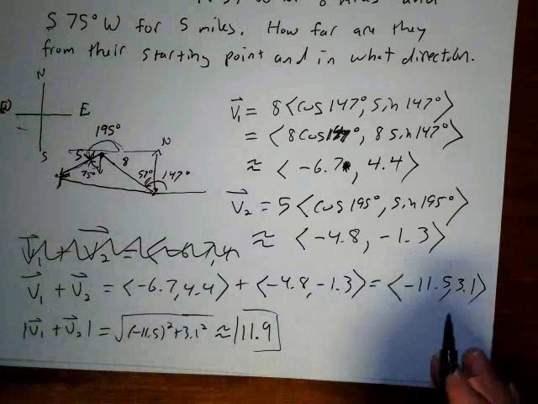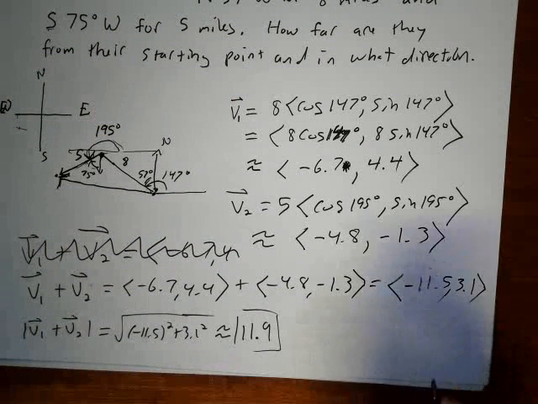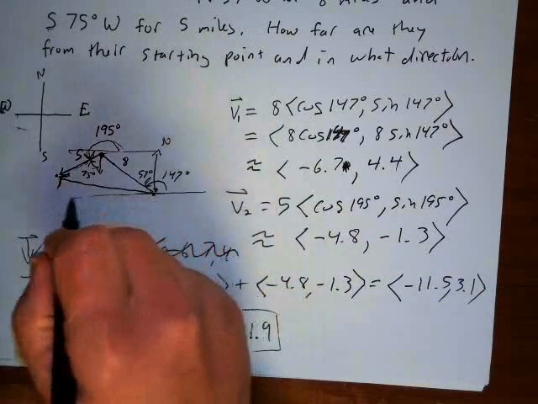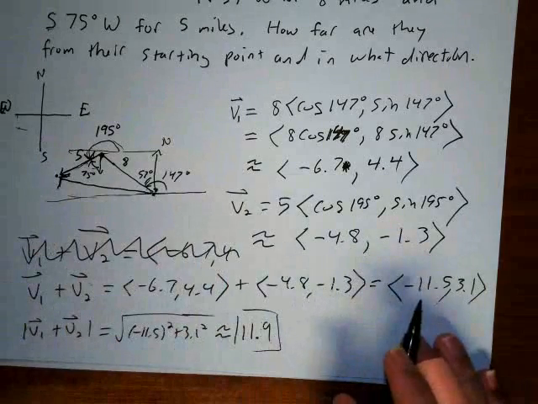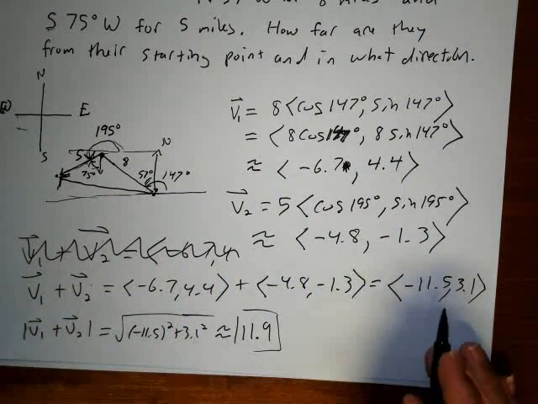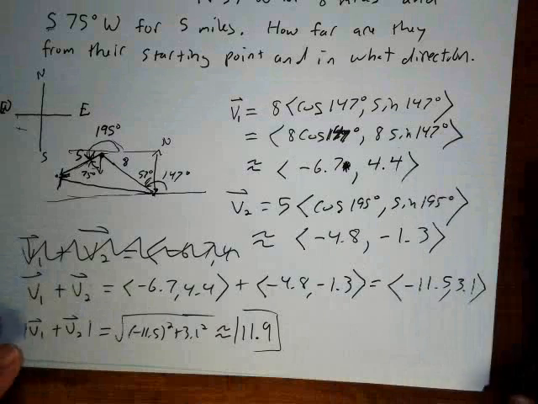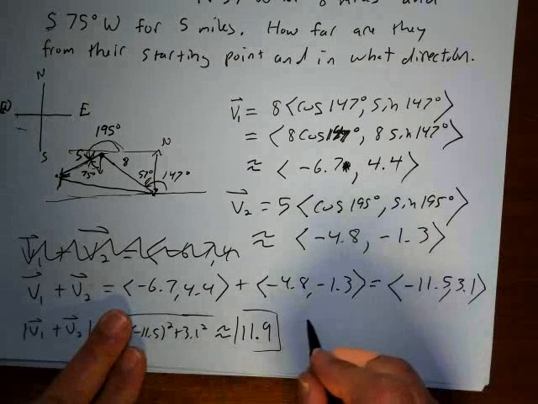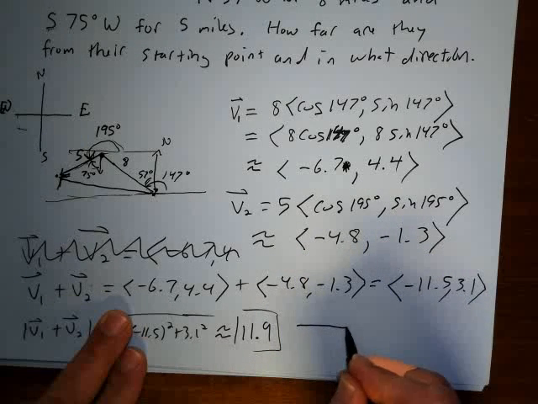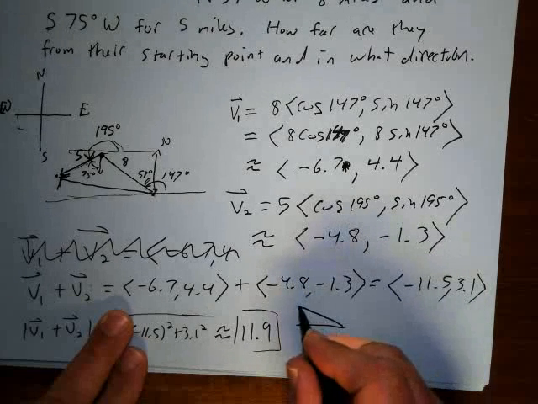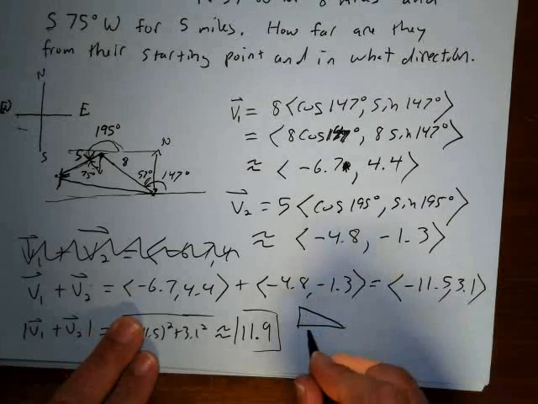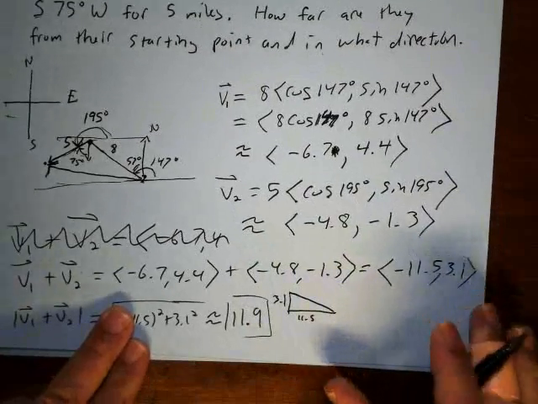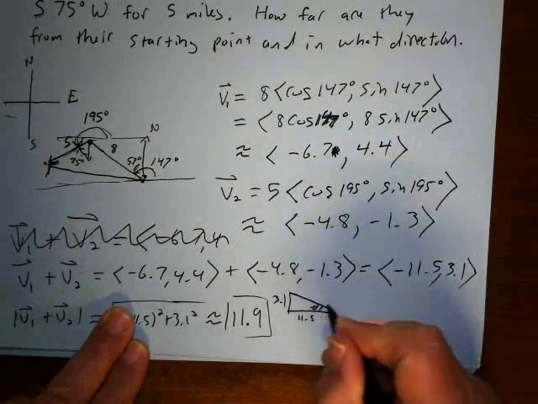And then what I can do here is I can find the angle by using, so here's the vector, the tangent. So maybe I could draw another diagram here. So I would have this triangle like this, right? And this would be 11.5, this would be 3.1, and then I can find this theta by using tangent.